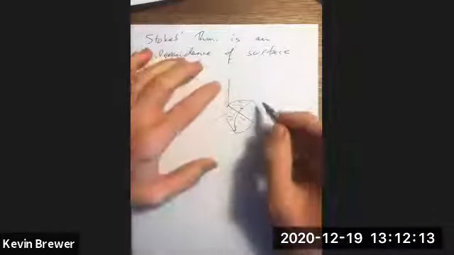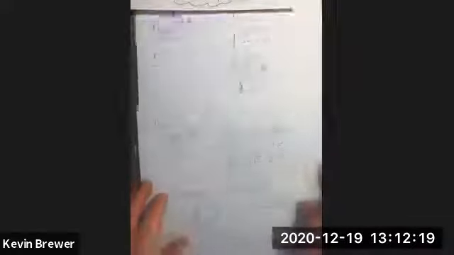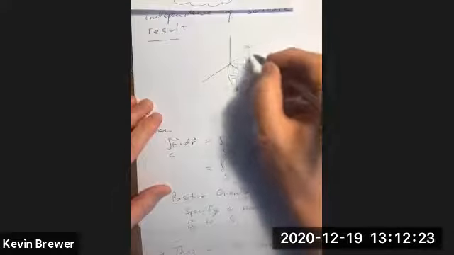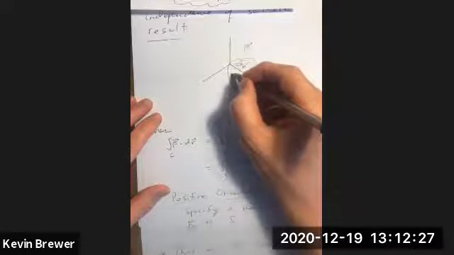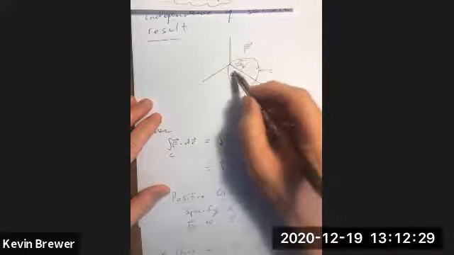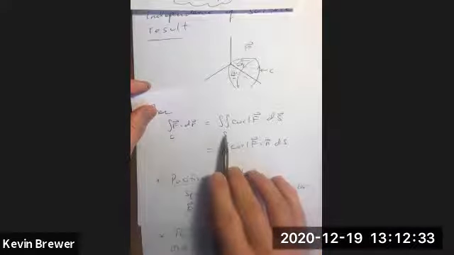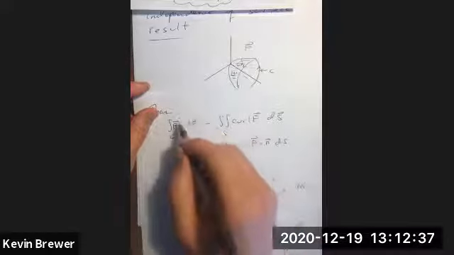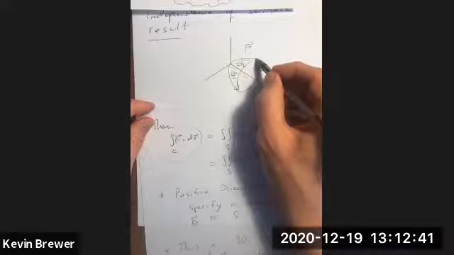But notice what the theorem says: if you've got the vector field f and you integrate the curl of f over the surface, the double integral over the surface of the curl of f is just equal to the line integral of f dot dr.